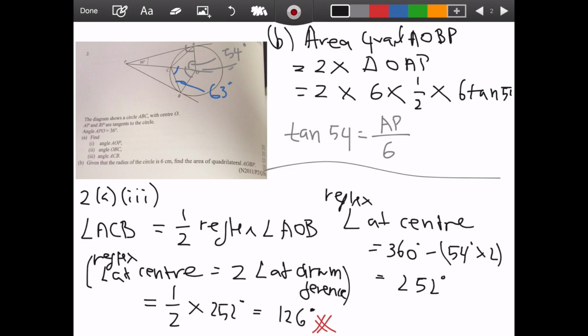Then the area is 49.5 cm squared. This is 3 significant figures.